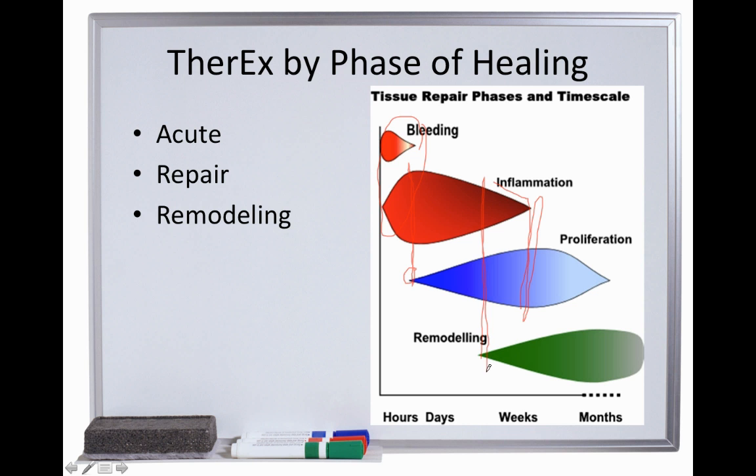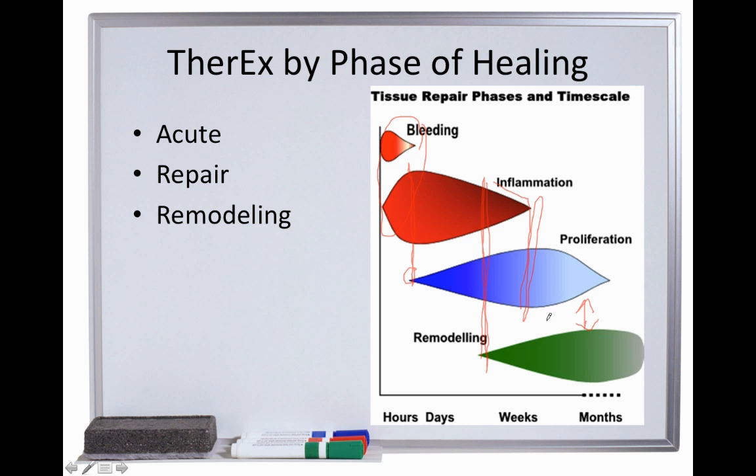And into the remodeling phase, which is going to come here. So here you actually have some overlapping of all three. Yes, it happens, but as you get more into the weeks and months of healing, now we're into remodeling, and you're focusing on those functional skills and applying tension along lines of force so that you get the collagen to lay down in an appropriate fashion to increase the tensile strength of that healing tissue.